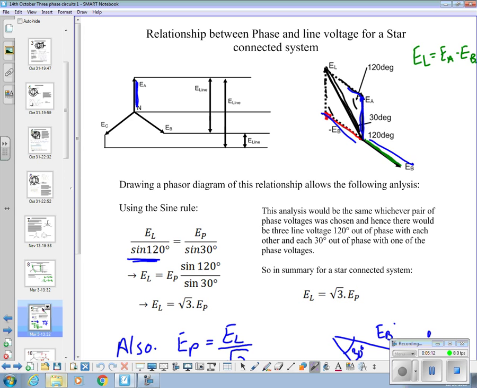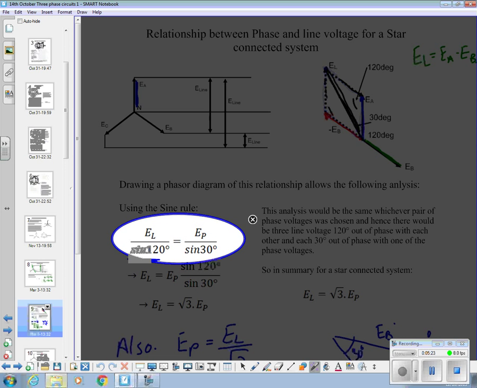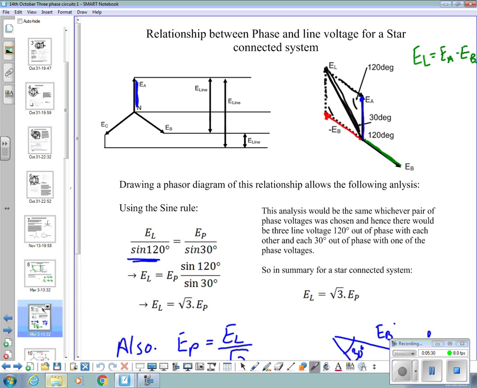Those make that parallelogram, and then we get the sine rule: EL over sine 120 is equal to E phase over sine 30. Rearranged, the line voltage is equal to E phase times sine 120 over sine 30, and if you do sine 120 over sine 30 on your calculator, you'll find that the answer is √3. So that's where it comes from.